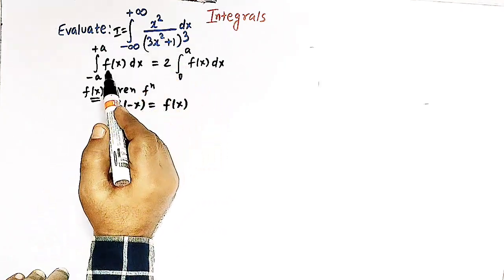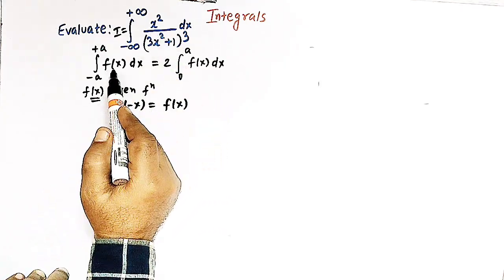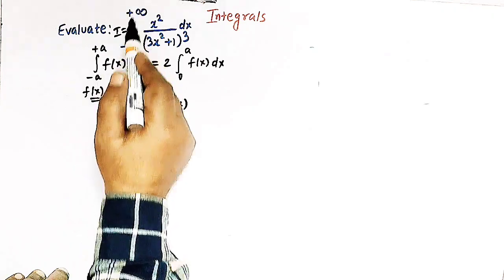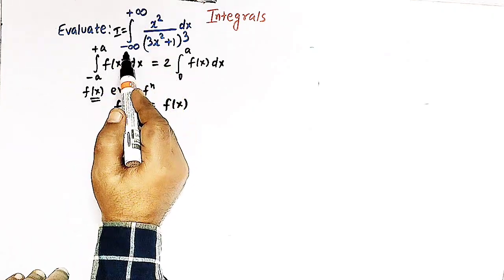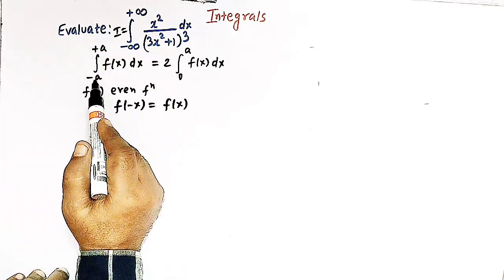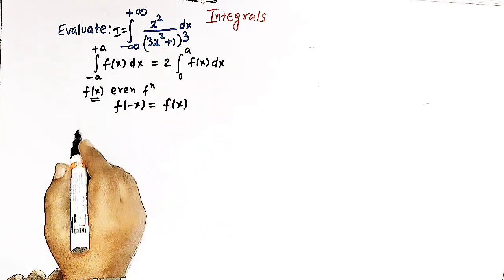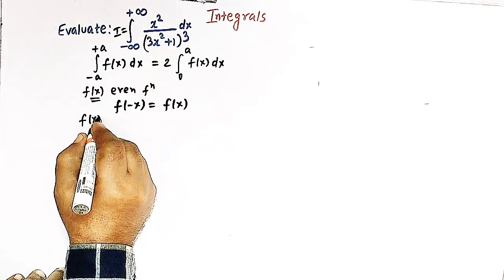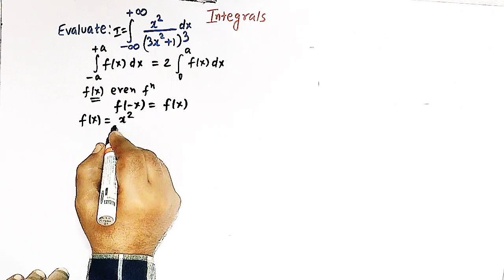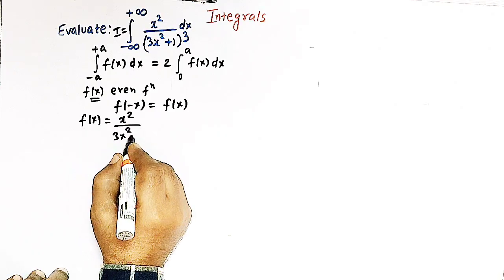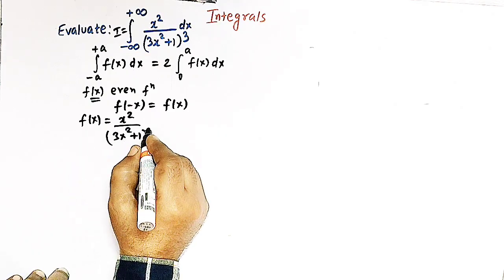Here, if we compare this integral with that one, the limits are from minus a to a, that is minus infinity to infinity, so for a we have infinity, and the integrand f of x is x square over (3x square plus 1) cube.